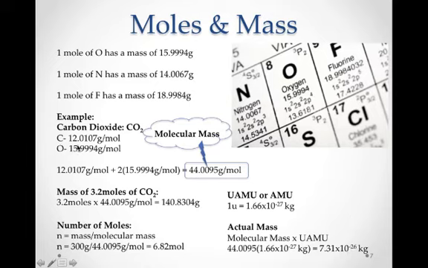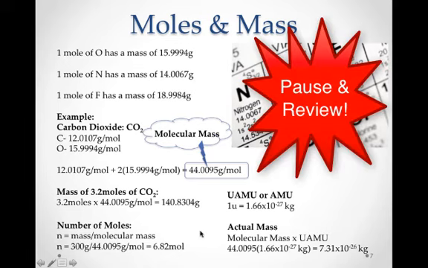So one molecule of carbon dioxide, for example, is 7.31 times 10 to the negative 26 kilograms. So maybe pause this video and review how you can find actual mass before doing the RMS speed problem.